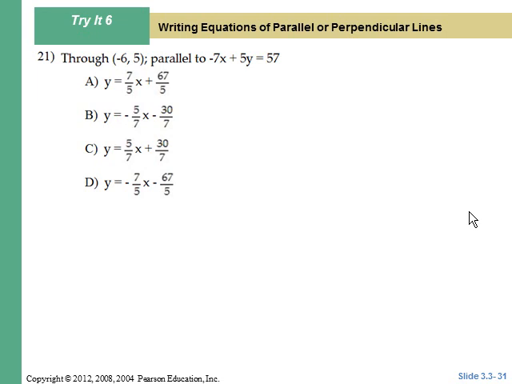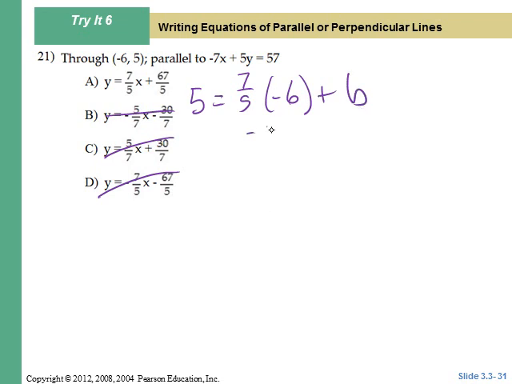Now they want you to give the parallel in this case. And you can see that they want to have the standard form. So we have to get the slope first, 7/5. This one can't be right, this one can't be right, and this one can't be right. So the only one that's left is a. That's the only one that's got a slope of 7/5. y, 5, equals 7/5 times negative 6 plus b.